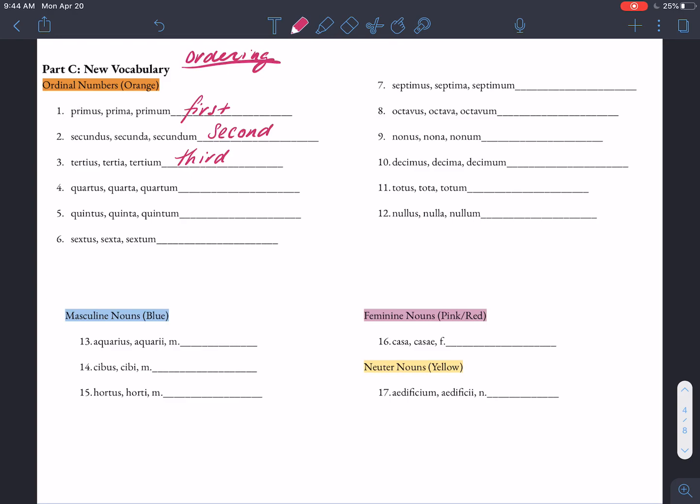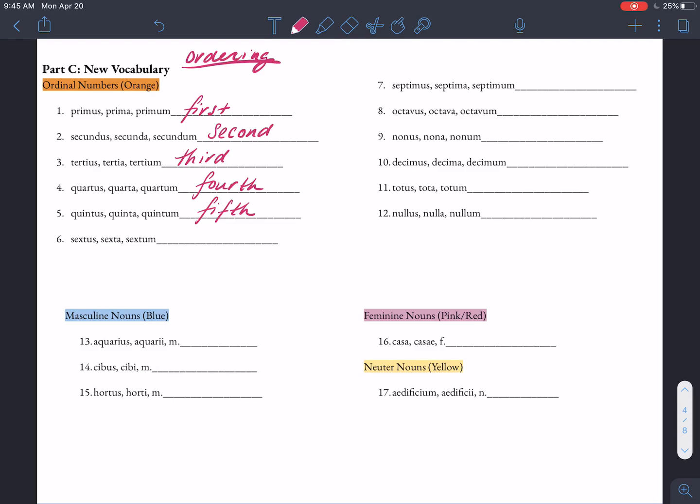That's fourth. Number 5, please repeat. Quintus, quinta, quintum. That means fifth.